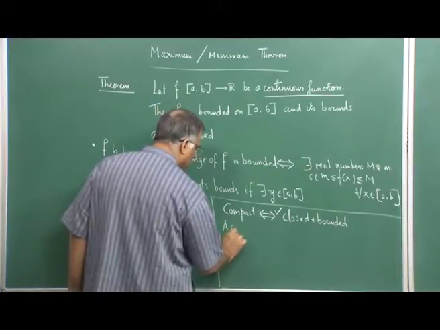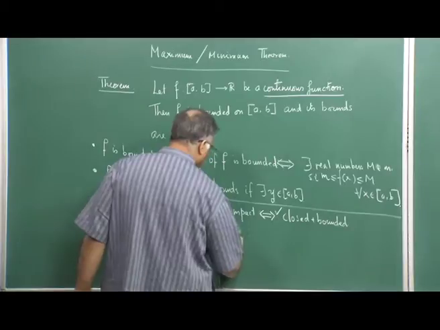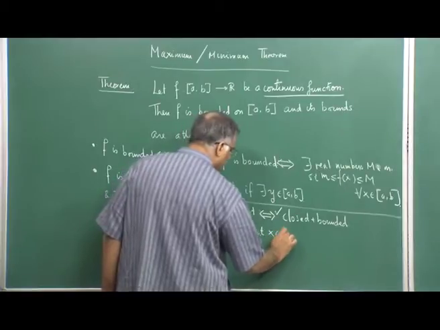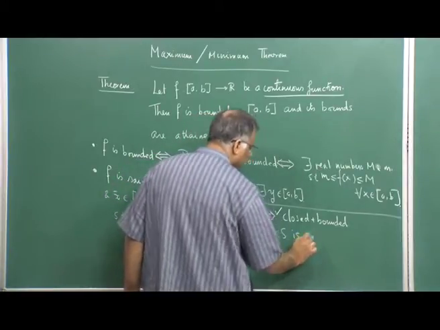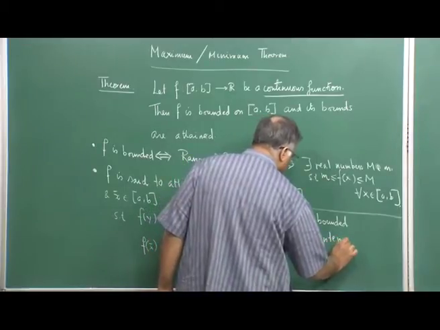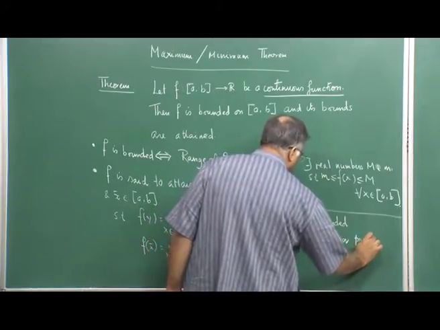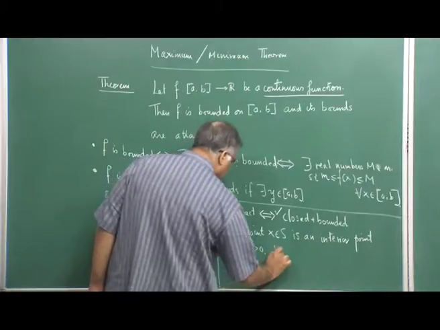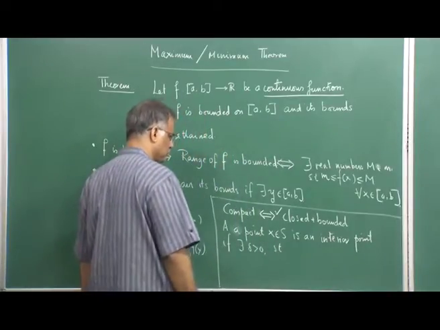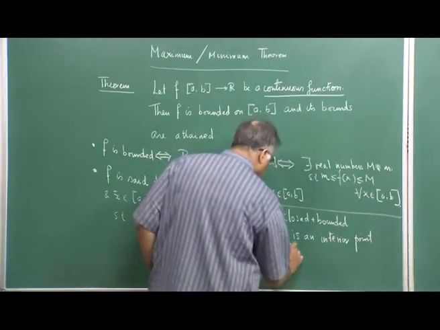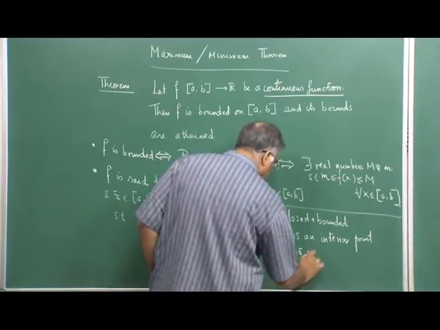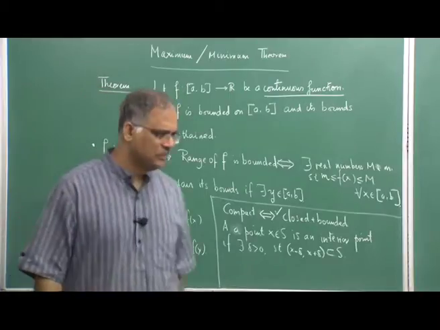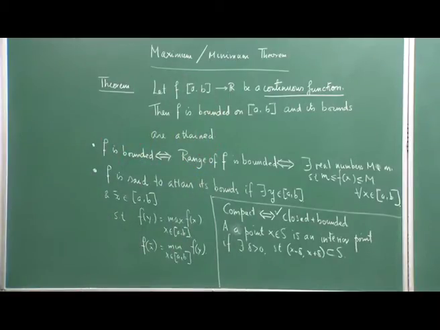A point x element of S is an interior point if there exists delta greater than 0 such that x minus delta, x plus delta, this again is a subset of S. So, such points are called interior points, they are inside.